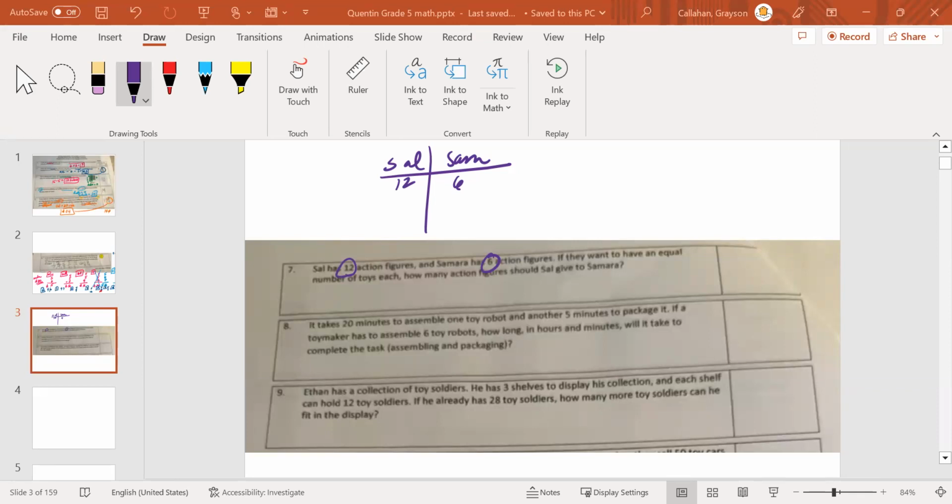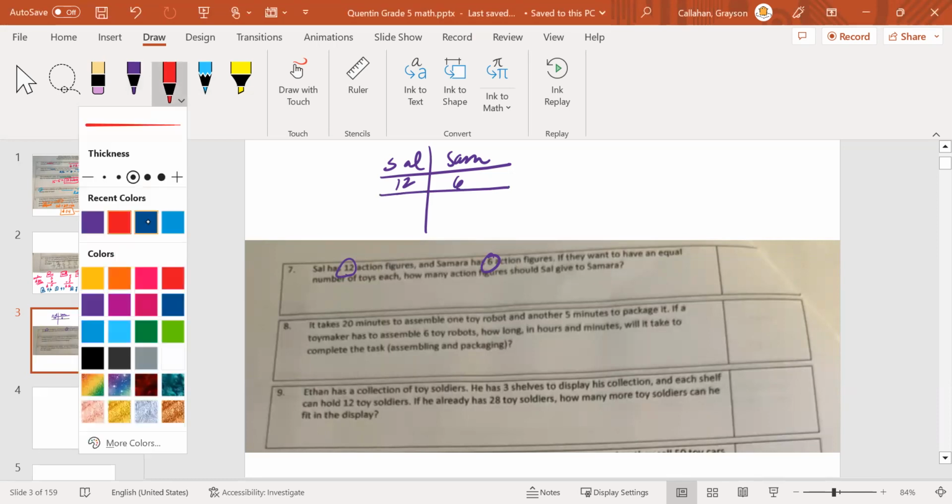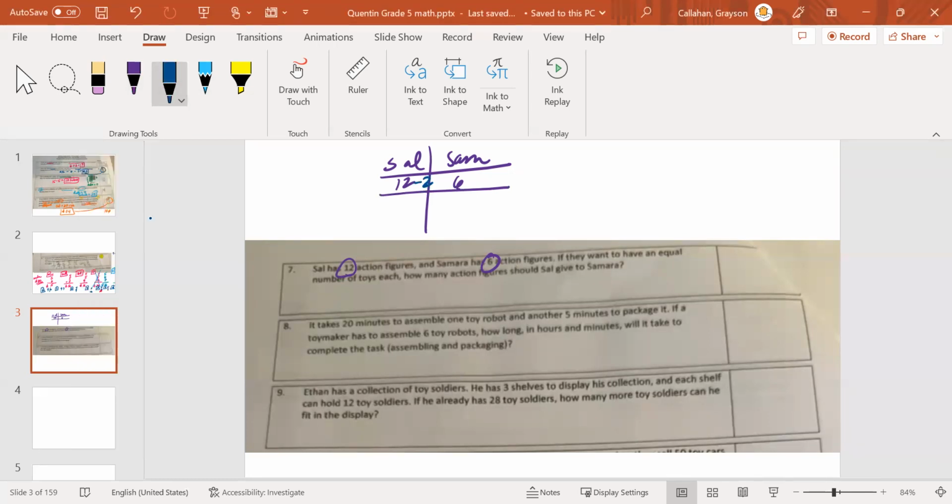Okay, number 7. So let's balance it out. Let's say for himself, give Samara 2. What's 12 minus 2? What's 6 plus 2? No? Do they have the same number then? It is.